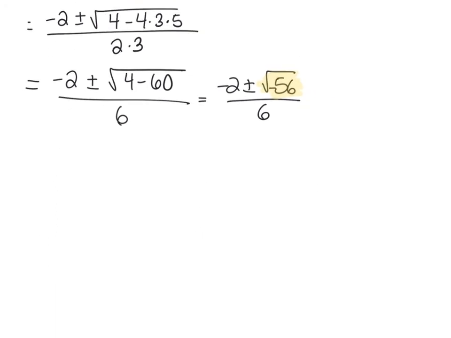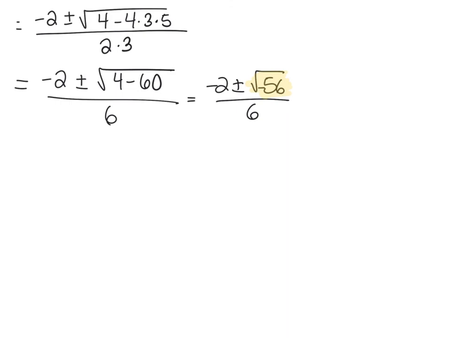So if we go ahead and give ourselves some room to break down that square root, remember we have the square root of negative 56, and I'm going to do it over here. Break it down into i and the square root of 56, and then you have to think of perfect squares that are going to come out of 56.